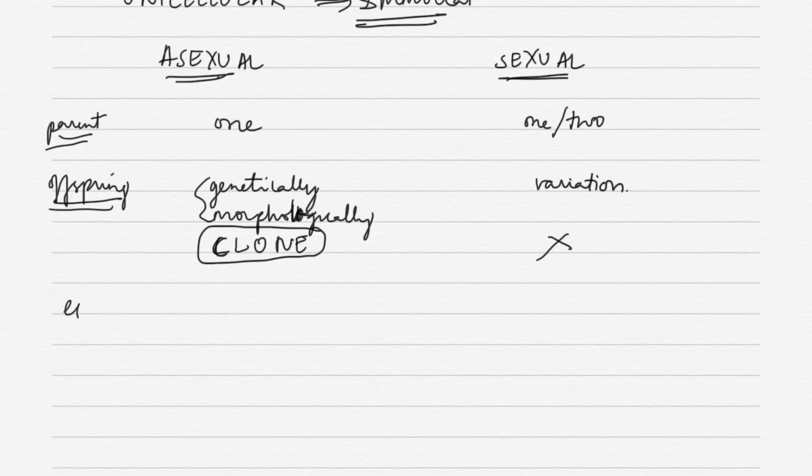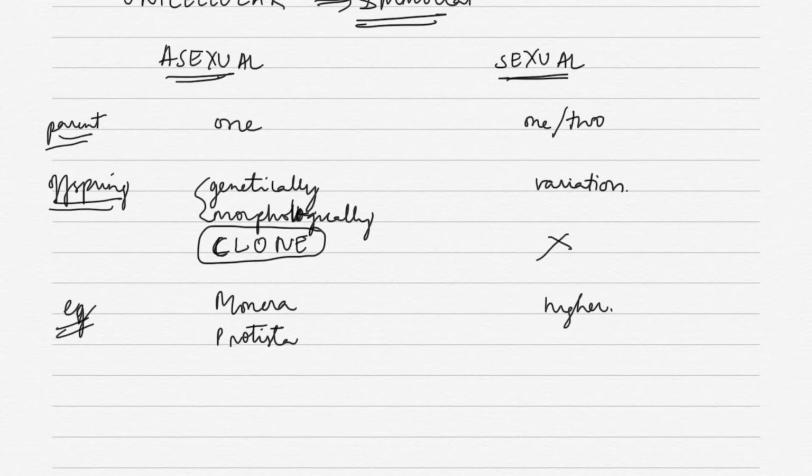Then examples, usually the organisms belonging to Monera and Protista, they are the ones that reproduce by asexual means. Sexual reproduction is seen in higher organisms like fungi, plants and animals.